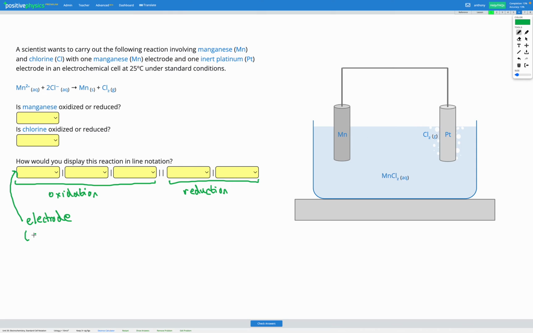This one will be the anode because it's the electrode where oxidation is happening. And we're going to end with our other electrode, which will be the cathode because that's where reduction is happening. And then within each of our half cells that we show, we're going to have reactants first and then products.